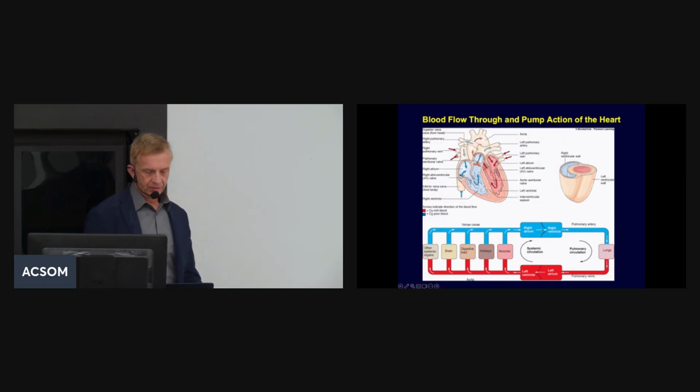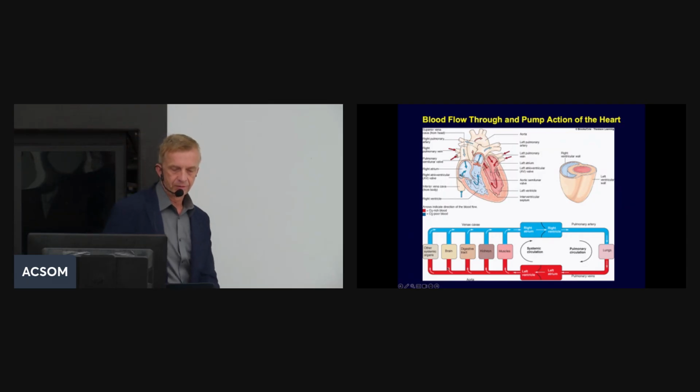So this is again a brief depiction of the system. With the cardiac contraction, the blood is expelled through the aortic valve to the aorta and then to the small arteries in the body.